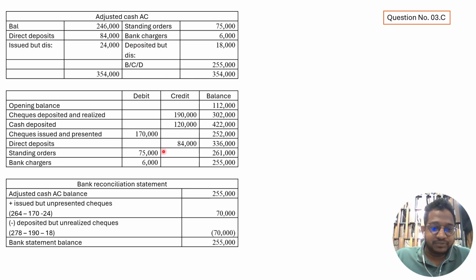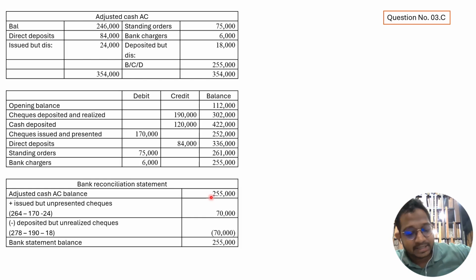And checks issued and presented is 170,000. Then you can find out the unpresented checks. So you issued already 264, presented for payment in this month 170, and dishonored 24. So after excluding those two from 264, you can find out the issued but unpresented checks, right?